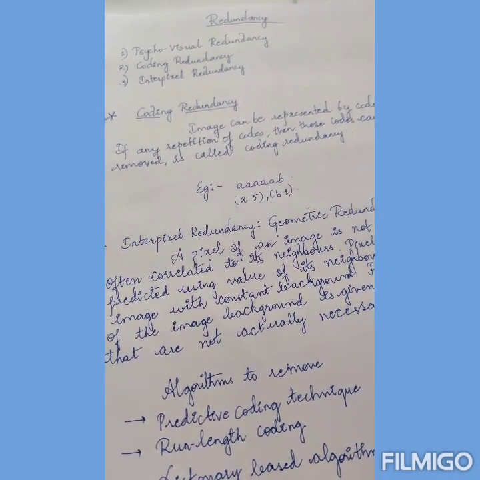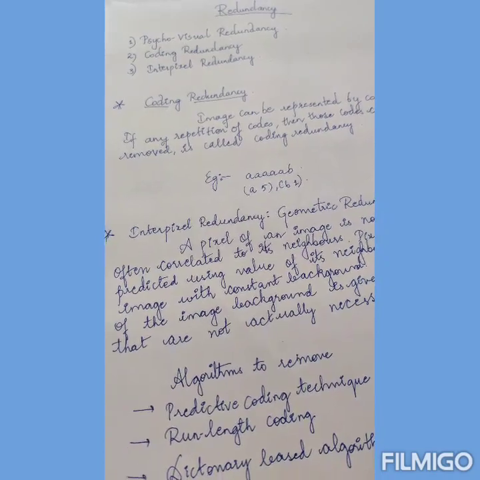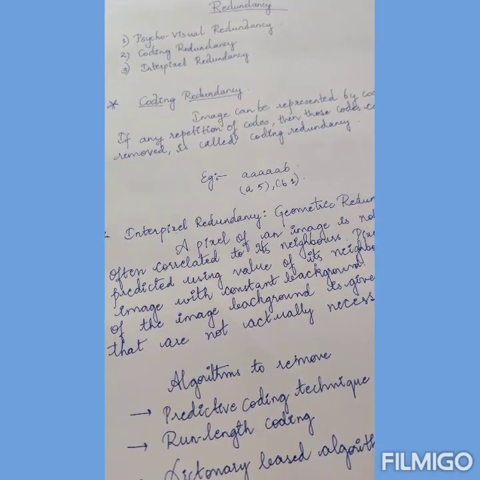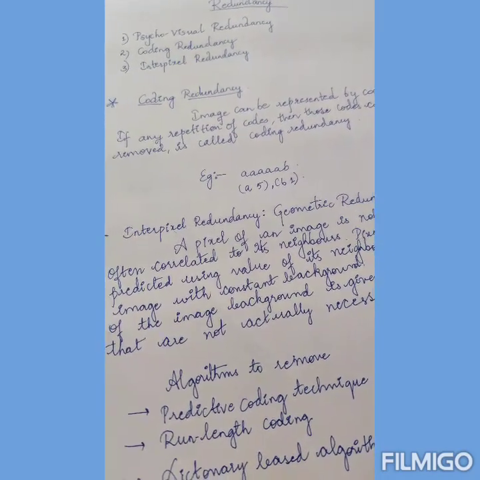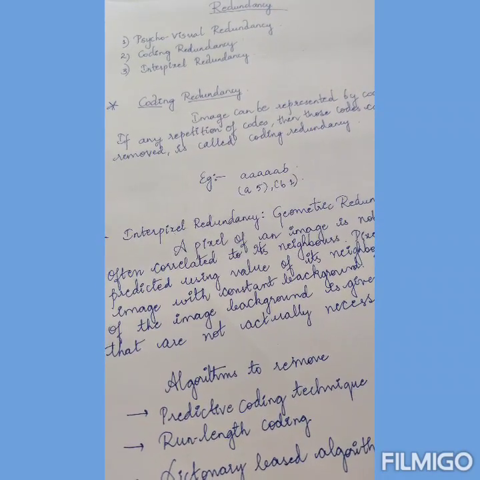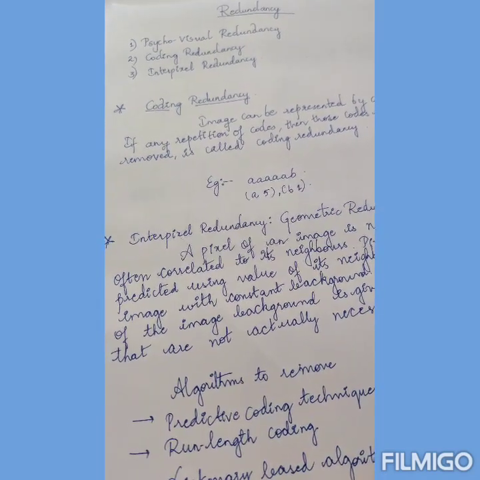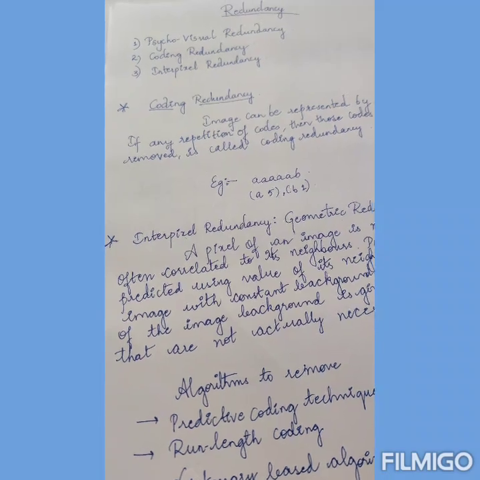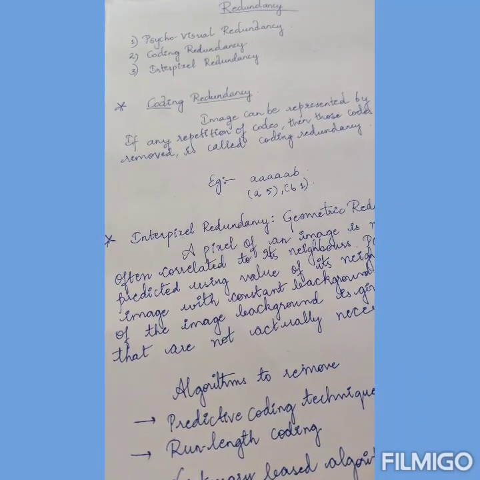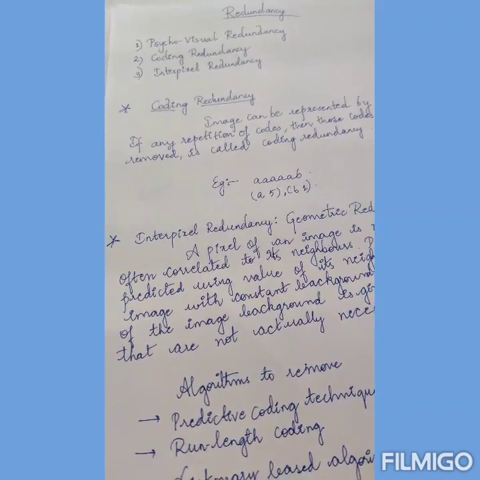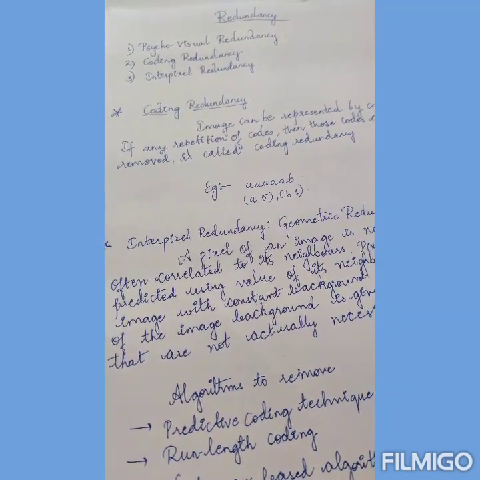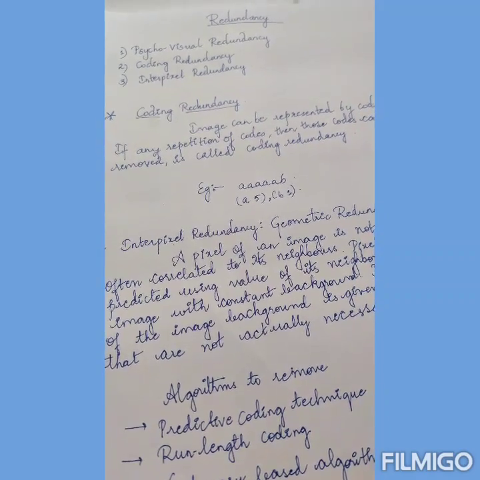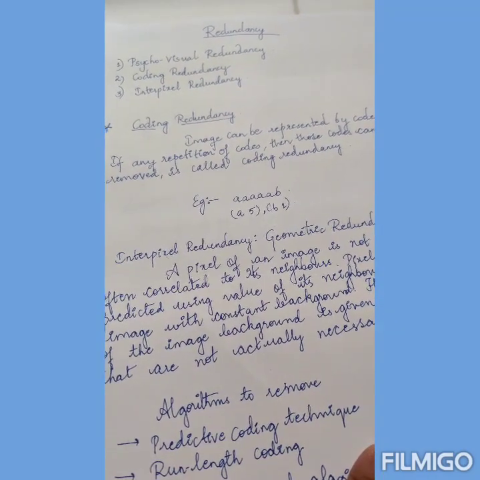I have told you the difference between information and data. What we want to see, transmit, listen to, or understand is called information, and the data used to represent that information is called data. So we are not changing the information, we are just reducing the number of data bits.